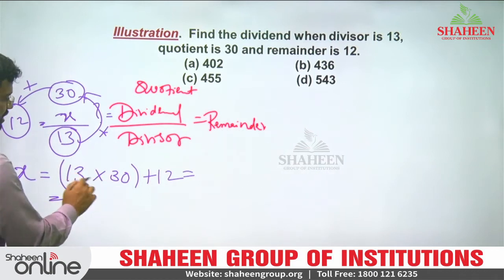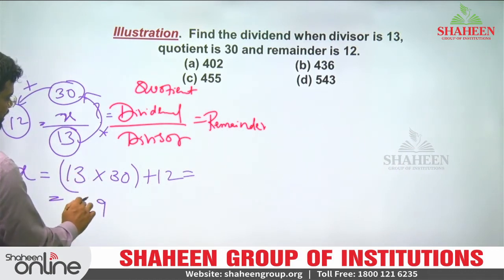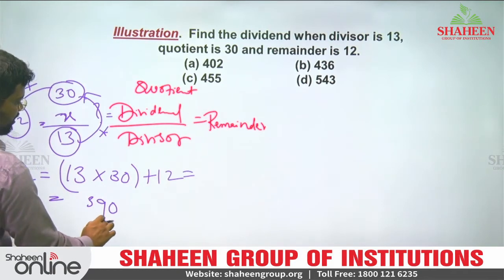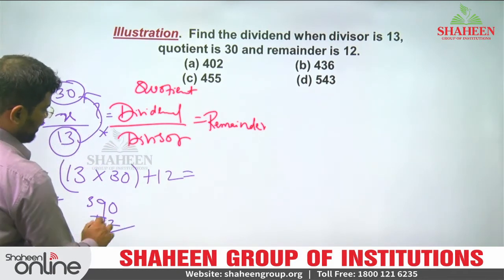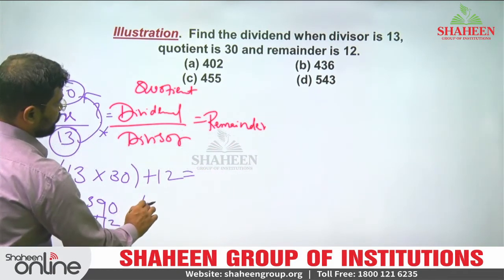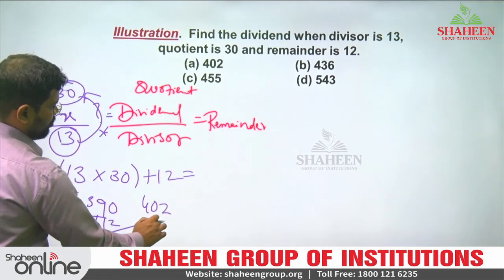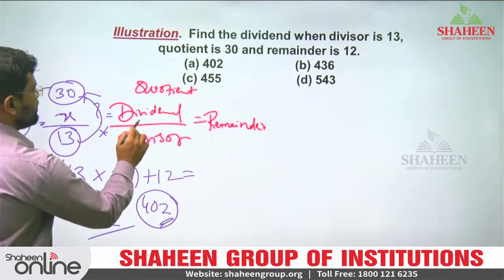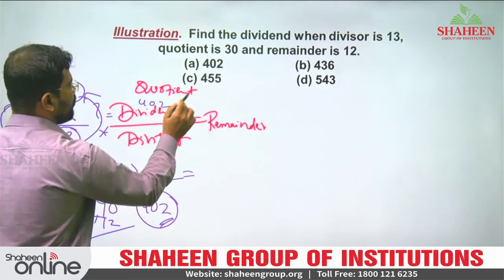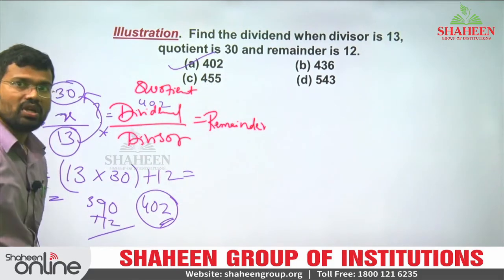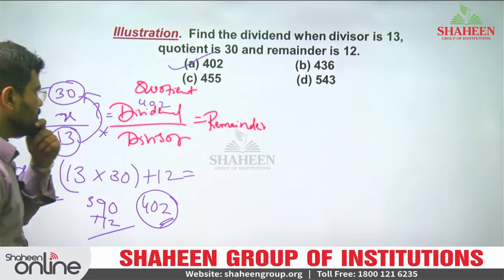Now look here, 3 into 13 is 39, so this is 390. 390 plus 12, what is it? This is 402. So the dividend is 402.